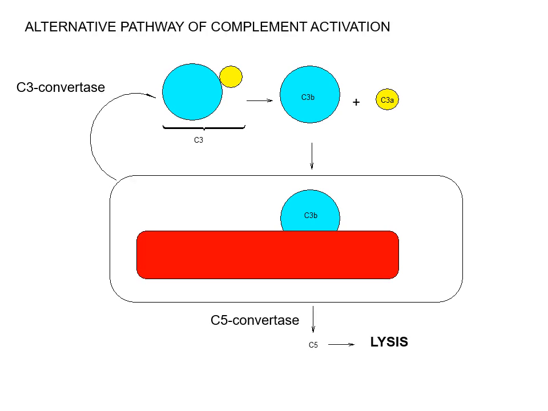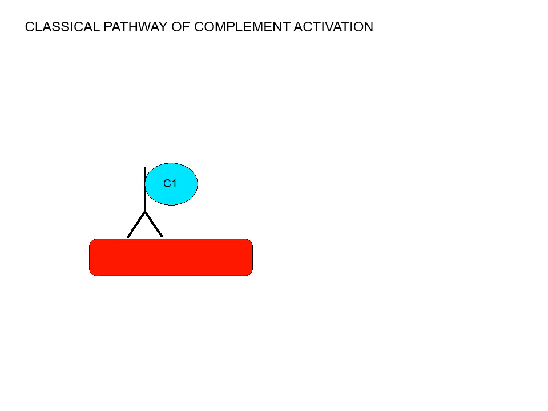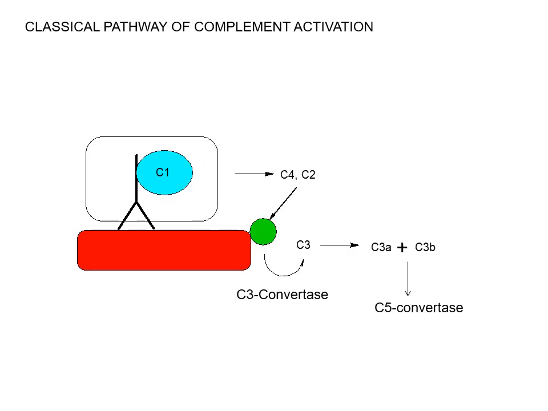Then it converts to C5 convertase and it leads to lysis. We will talk about it in a while. The classical pathway actually requires the interaction of the pathogen with antibodies, and once the antibody is attached to the pathogen, it is reacting with the C1 component, which then activates C4 and C2 parts, and then it forms C3 convertases.